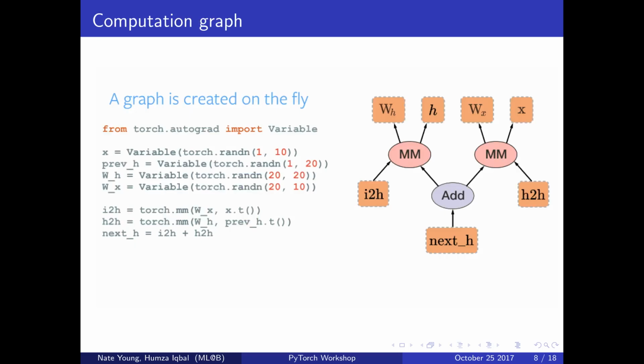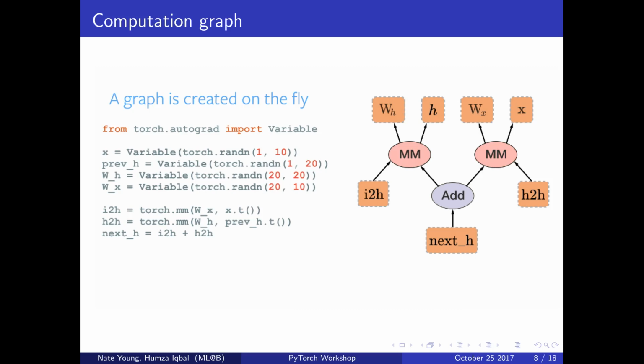This is a little more about how this computation graph is created on the fly instead of beforehand and then run through. Here we can see we're going through some calculations. First we're instantiating a variable, taking a random number with Torch's built-in functionality, and then we're making another one, a random vector with shape 1 by 10.